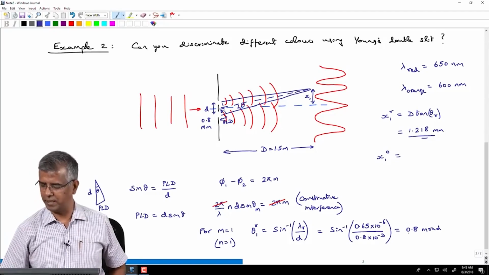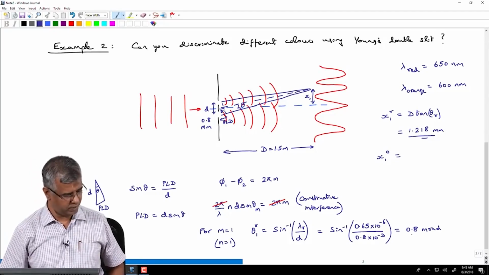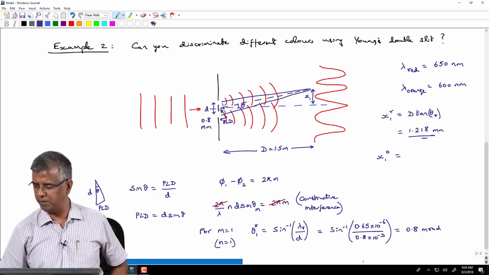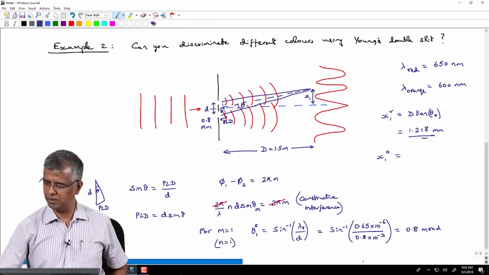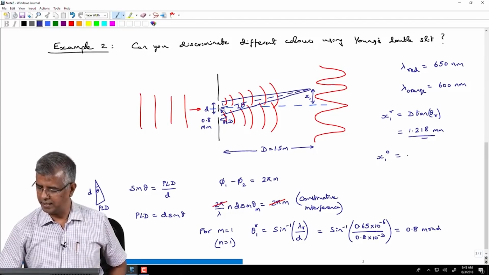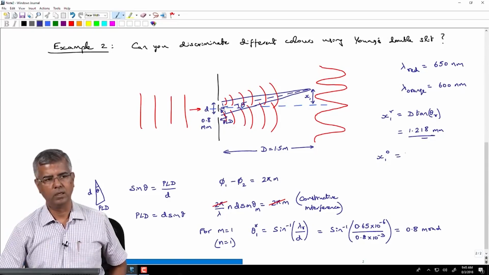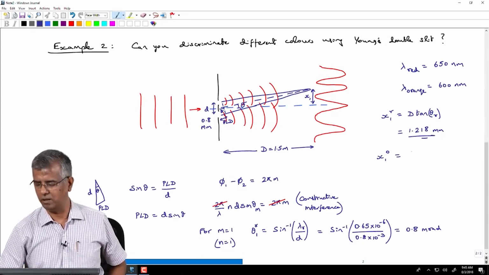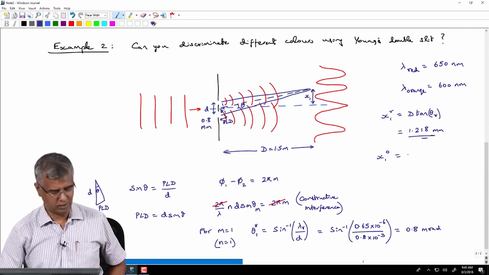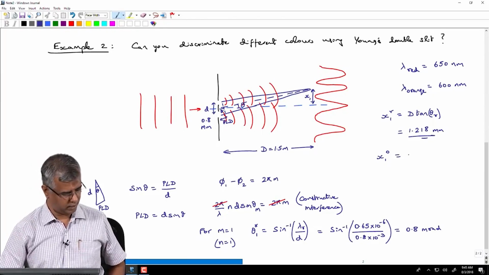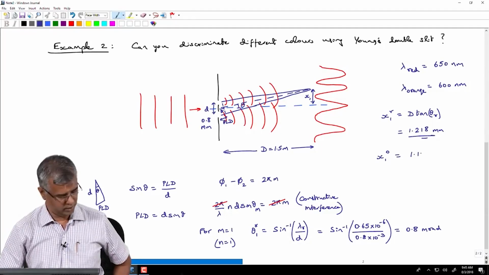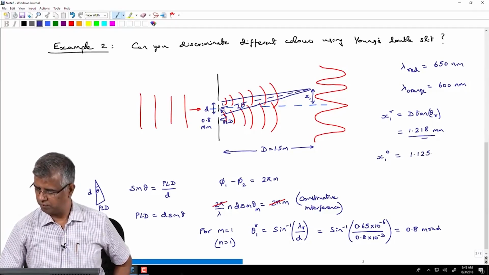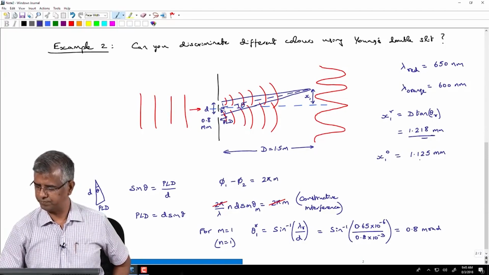If I substitute that, this will work out to roughly 0.75 milliradians. Substituting that in this expression, I get the position of the first maxima for orange color for a wavelength of 600 nanometers, given by 1.125 millimeter.